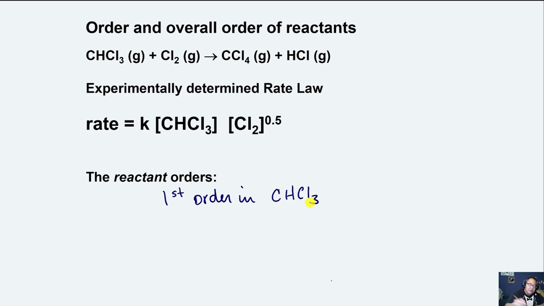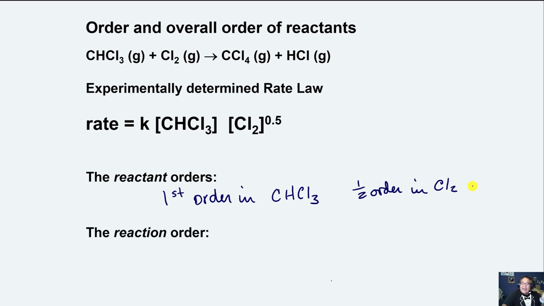That's actually chloroform, and then half order in chlorine, like that. Overall, the reaction order, so the reactant orders, but the overall order, the reaction order, overall order is 1.5.